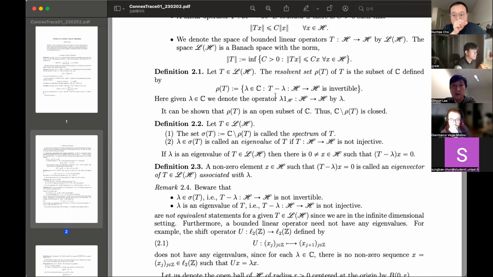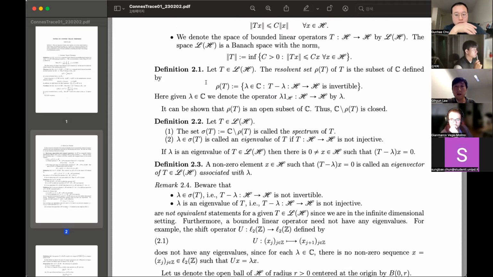Okay, and here the lambda is the shorthand notation of this operator, lambda times the identity operator. So T minus lambda makes sense as a bounded linear operator from H to itself.